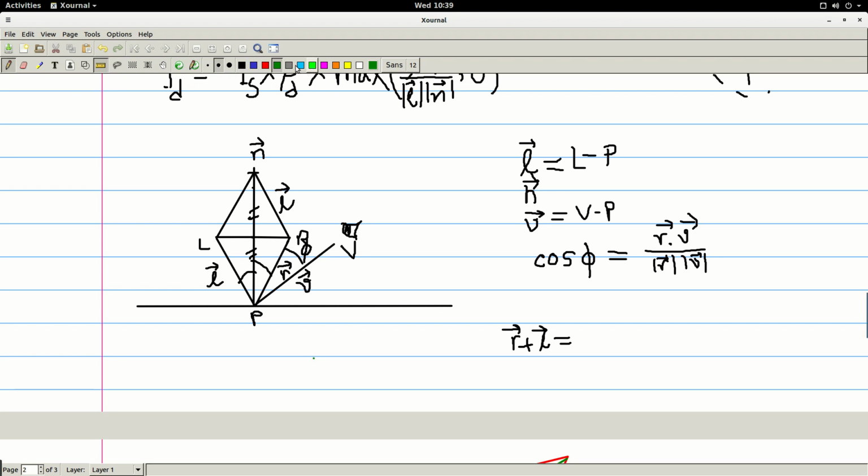If you have a vector n, you can find out the unit vector for n as well. How do we do that? Just like that.